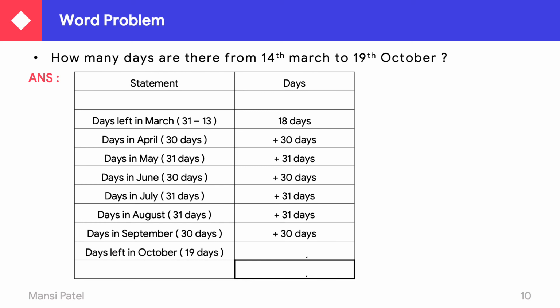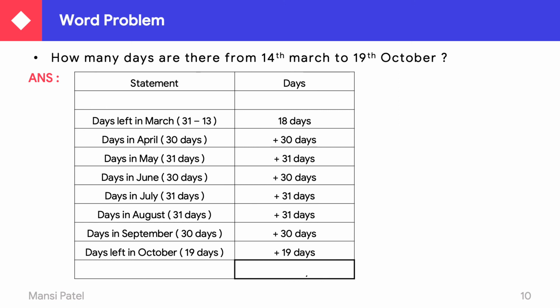And see here, we have to write down the days left in October. So again see the question: from 14th March to 19th October. So this 19th October we have to include. Whenever they ask the number of days and give from this date to this date, you don't include the starting date 14. You write the number of days before it.